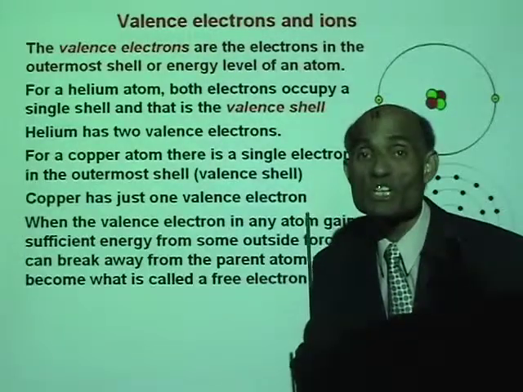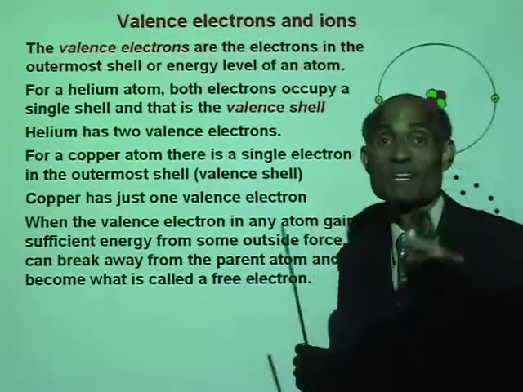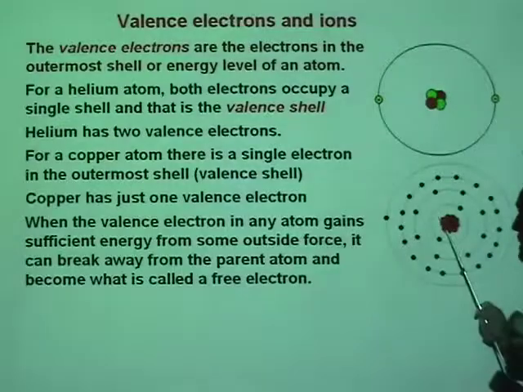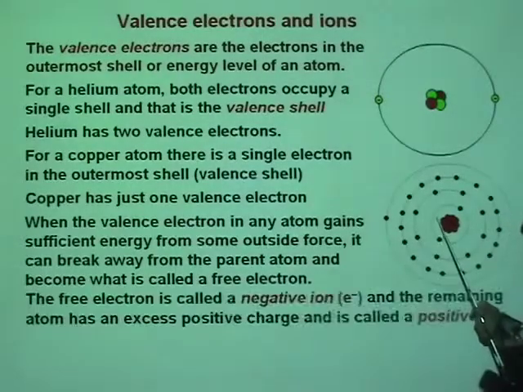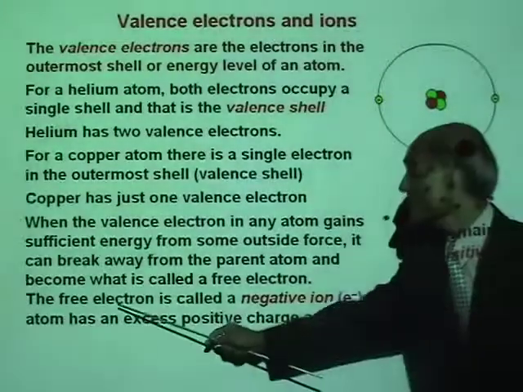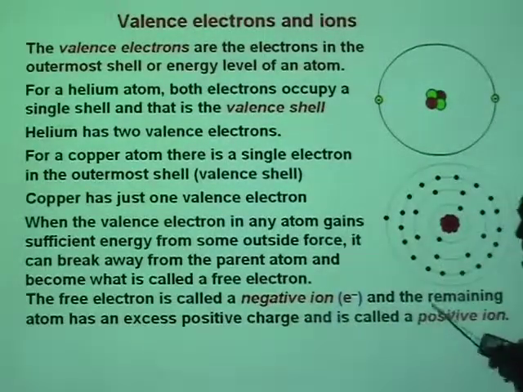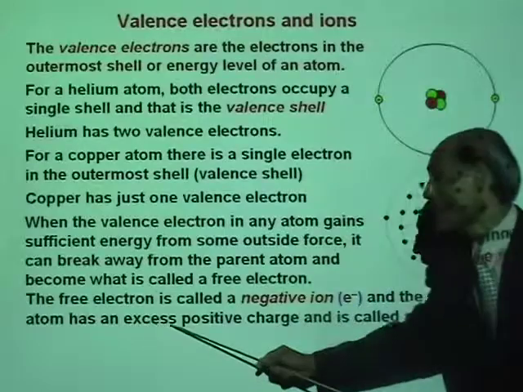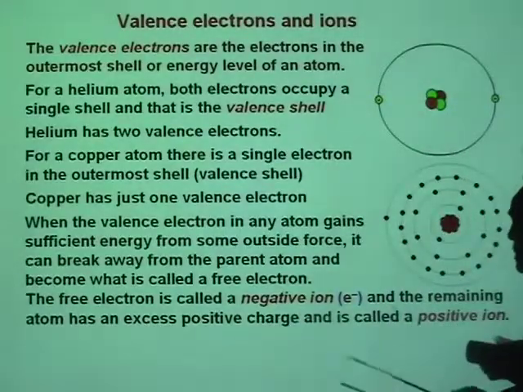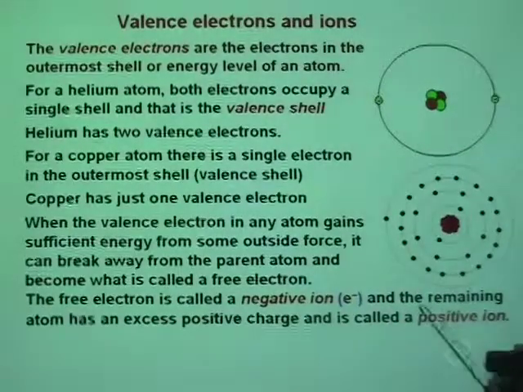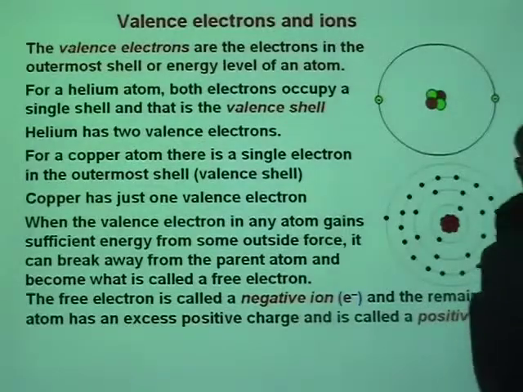It is deficient in 1 negative charge. That means this now has a net positive charge. The free electron is called a negative ion, and the remaining atom has an excess positive charge, and it is then called a positive ion.